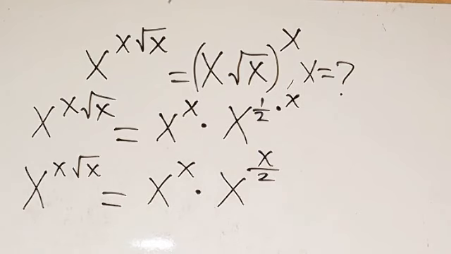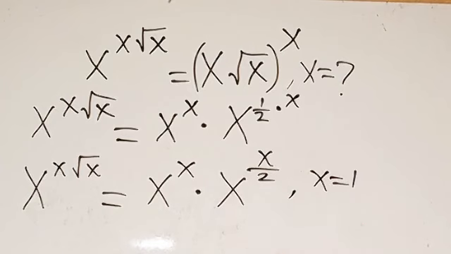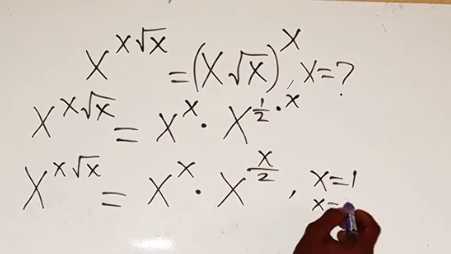Alright, now before we even move on, so we have an obvious solution here, that is x equals 1. If x is 1 here, 1 to the power 1, you can see we have the equation satisfied. Then also we can have maybe when x equals 0.